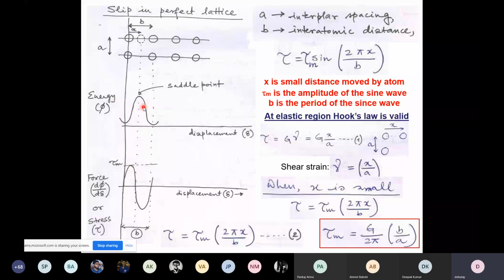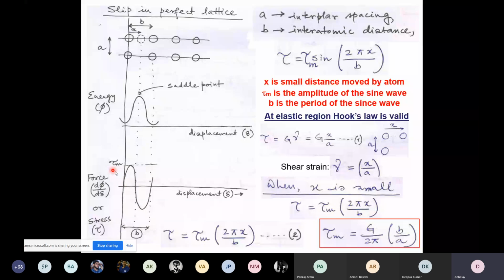For that, what is the maximum amount of stress that has to be applied? That is tau m. So force or stress is the slope of the energy displacement curve, so you have to do d phi by d delta. You get a stress versus displacement plot, and the maximum stress you need to apply is tau m.